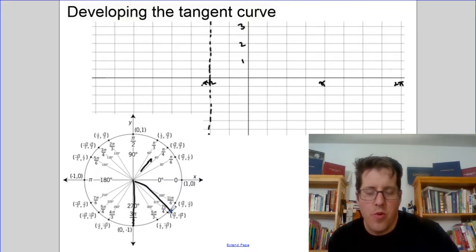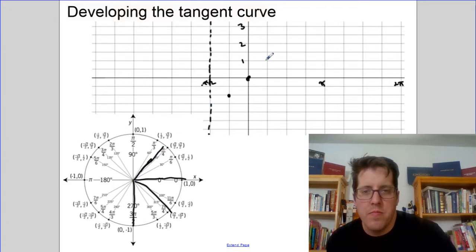Negative pi over 4 has a tangent of negative 1. Then at 0, because the slope of that ray is 0, my tangent value is 0. At pi over 4, my tangent value is 1. And at pi over 2, my tangent is once again undefined.